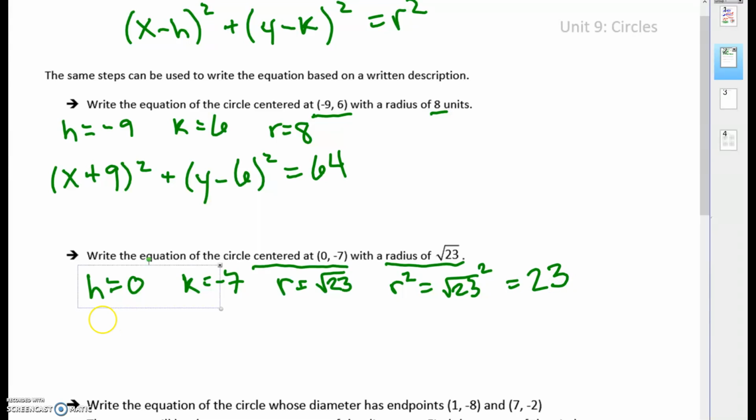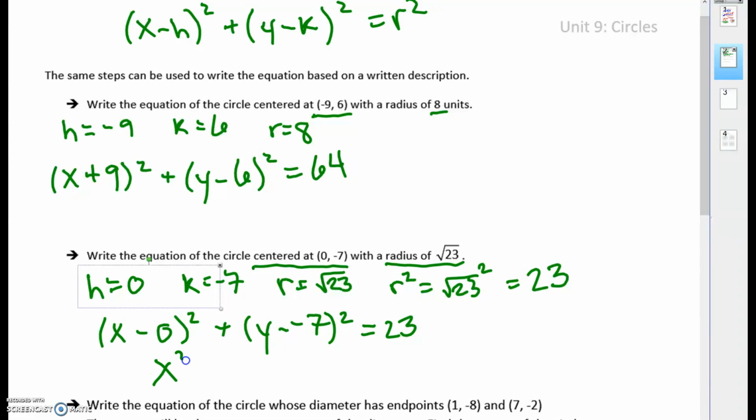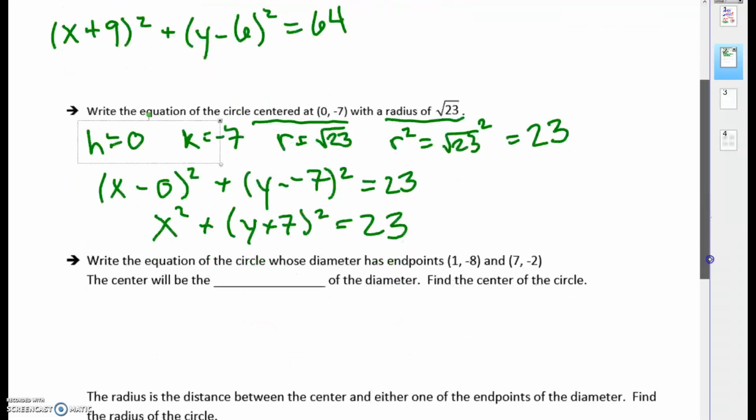So let's plug in. We get x minus 0 squared plus y minus negative 7 squared is equal to r squared, which is 23, or simplify, x squared plus y plus 7 squared equals 23. That would be my equation.